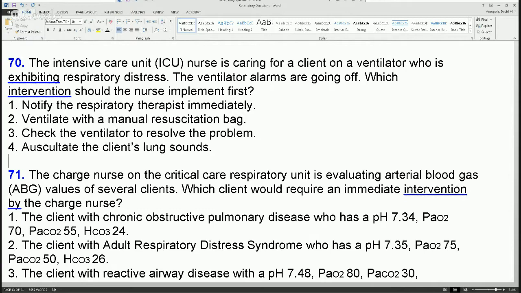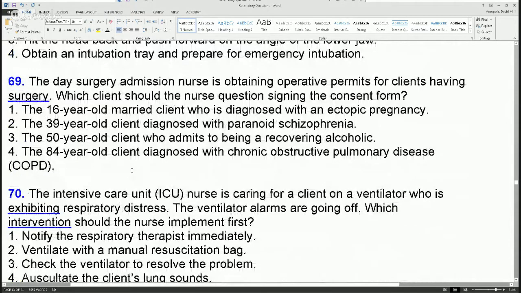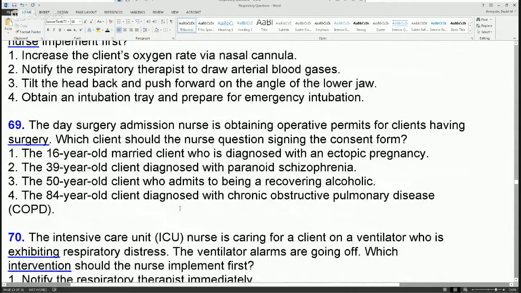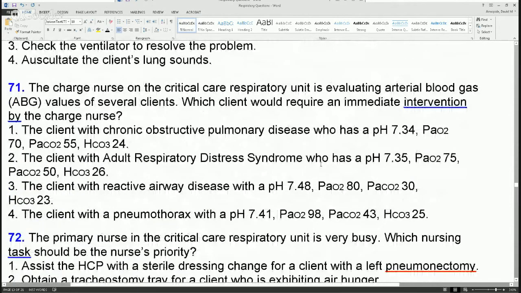All right, who just did that one? That's exactly Christy. All right, Christy, get another one then. The charge nurse on the critical care respiratory unit is evaluating ABGs. Which client would require immediate intervention by the nurse? Ooh. All right.